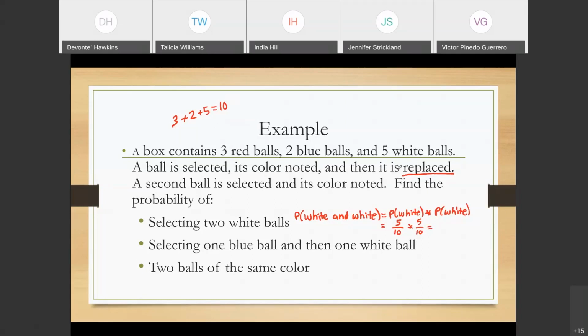So I'm going to multiply. 5 times 5 is 25. 10 times 10 is 100. I'm going to reduce that on my calculator. It'll reduce to 1/4. Anybody have a question on that part?